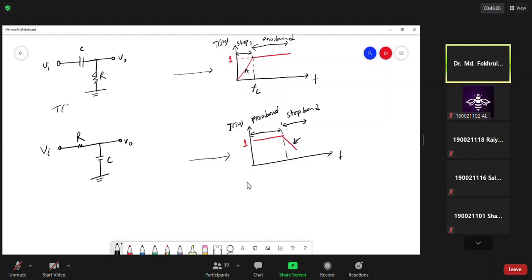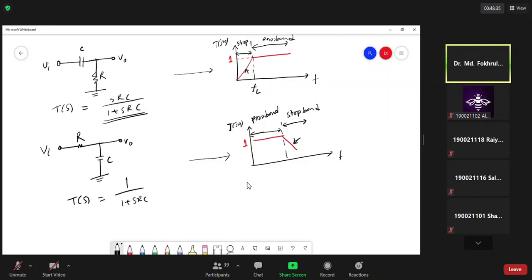What was it? T(s) was sRC by 1 plus sRC. So it has a single pole, and a single pole means a first order filter. And in this case also, T(s) was 1 over 1 plus sRC. So this is also a single pole, a first order filter.